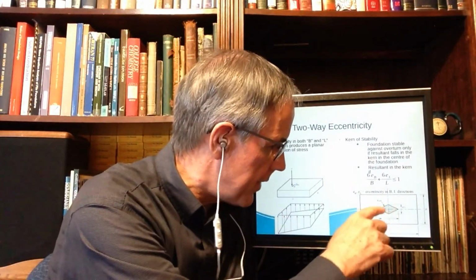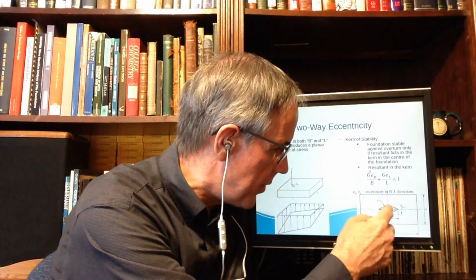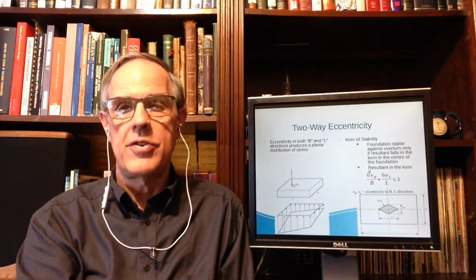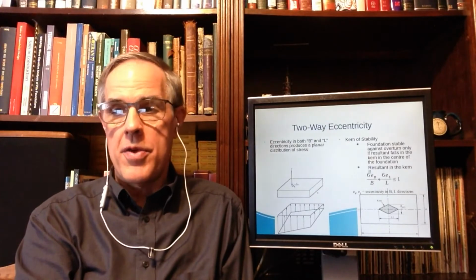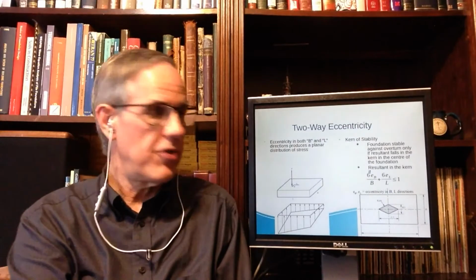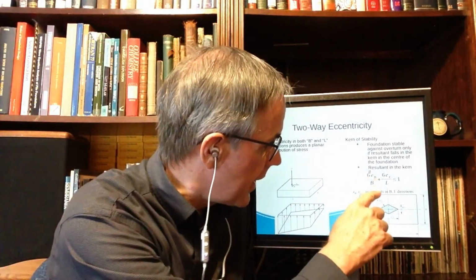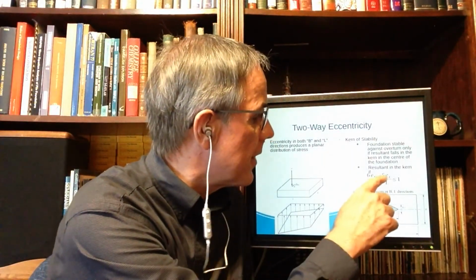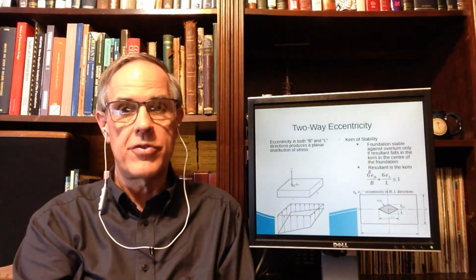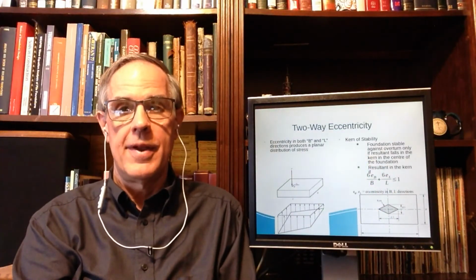As long as the load is within that diamond, you have an acceptable foundation. It's in the middle third. And that can be expressed by this equation right here: 6E_B over B plus 6E_L over L needs to be less than unity. As long as that's true, you're within that diamond.